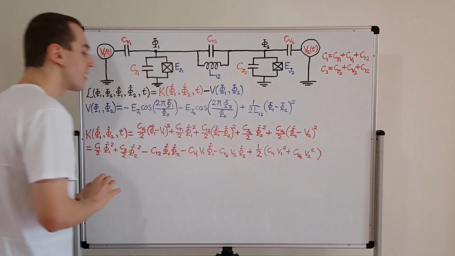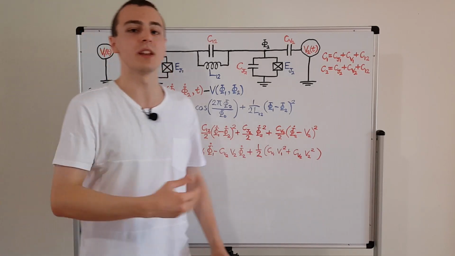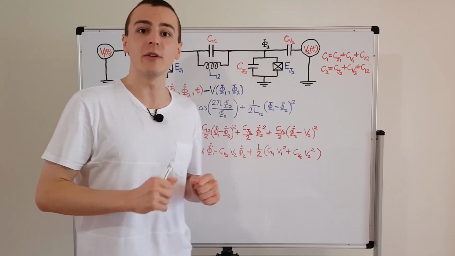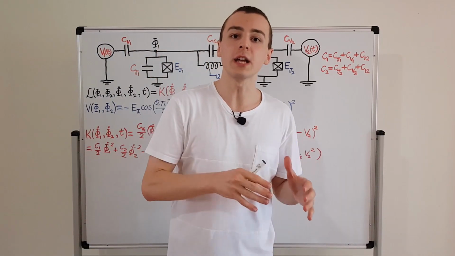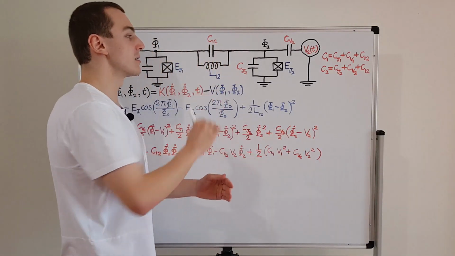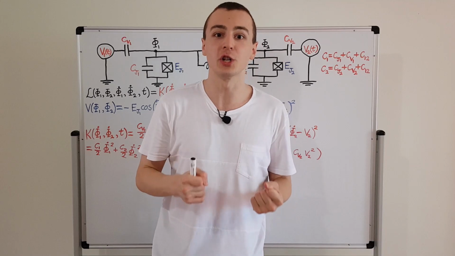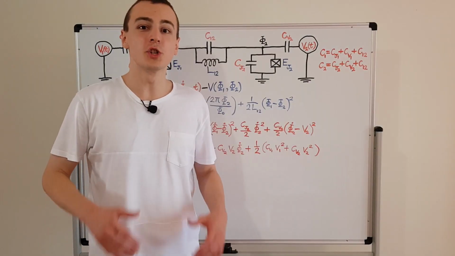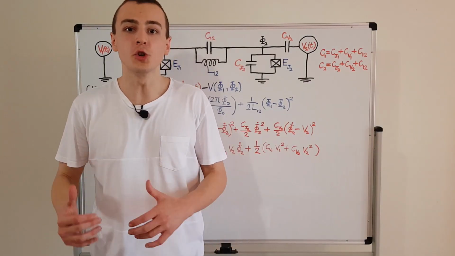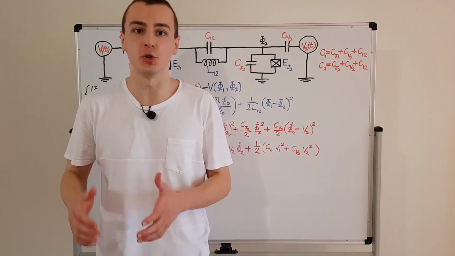So now that we have all of the terms in the Lagrangian, we can start taking derivatives of the Lagrangian. And we can use those derivatives to find the canonically conjugate momenta. And in this case, for this physical system, the canonically conjugate momenta are q's. They are the charges. Because there are two coordinates, there are also two canonically conjugate momenta, q1 and q2.